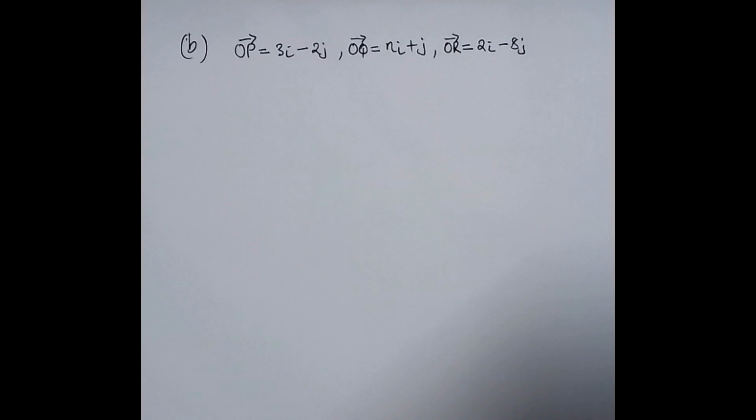Now, finding the value of n, what we just have to understand is the word collinear for these points. If they've given the word collinear for vectors, what does that mean? This means that these 3 points have the same direction vector.